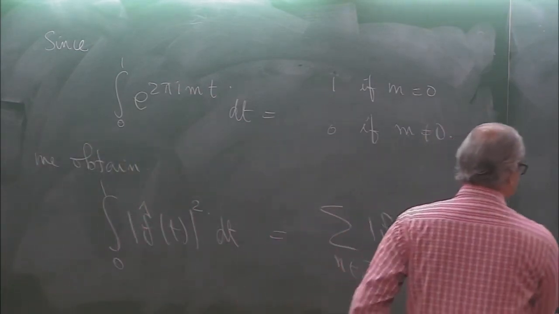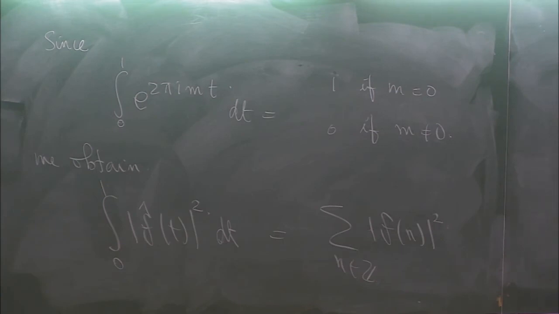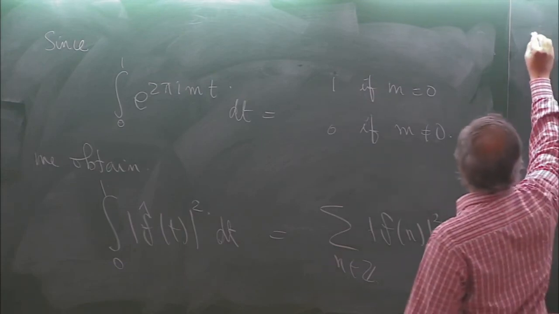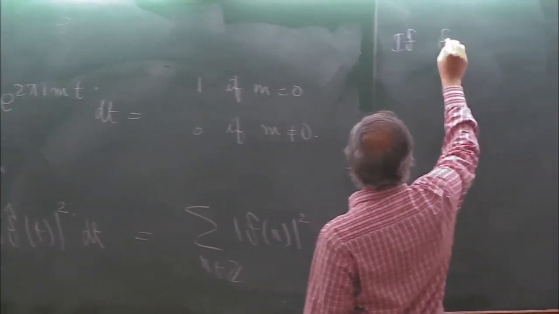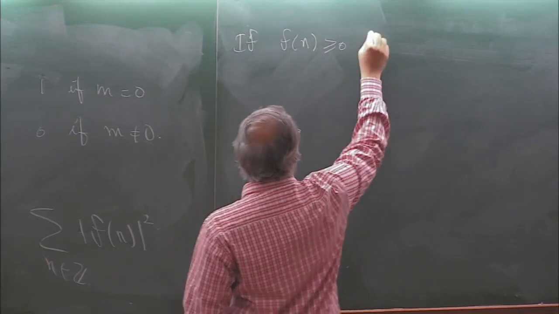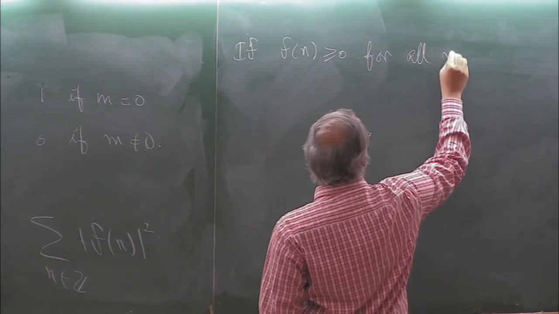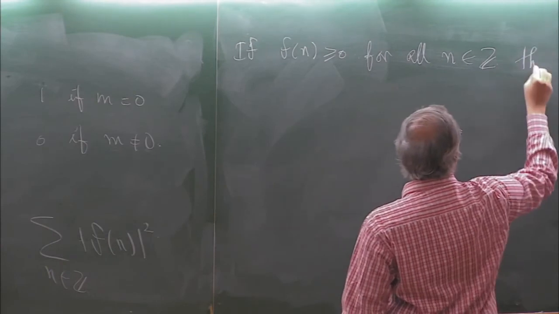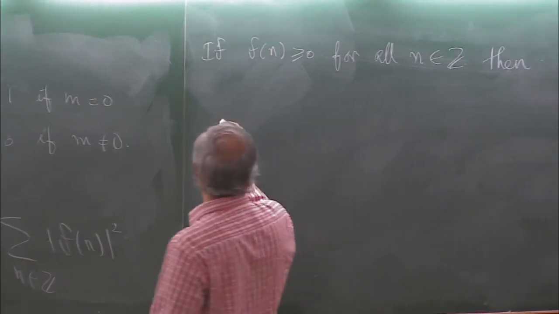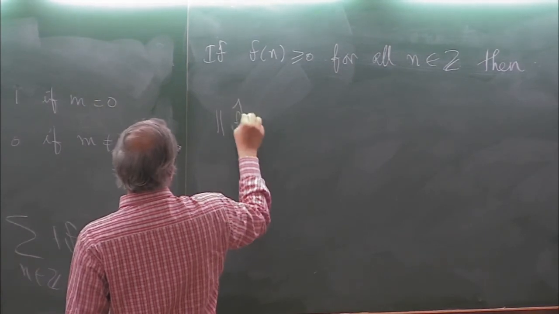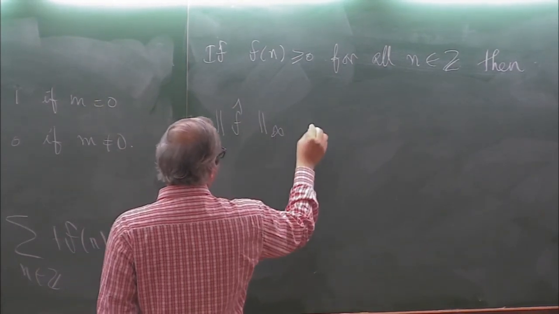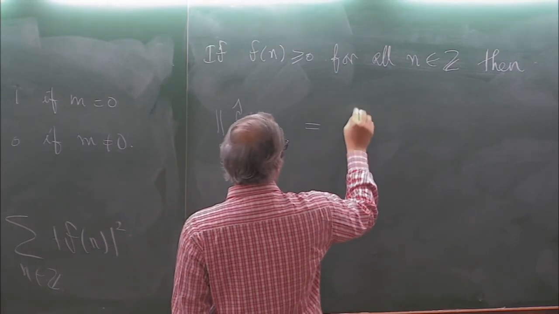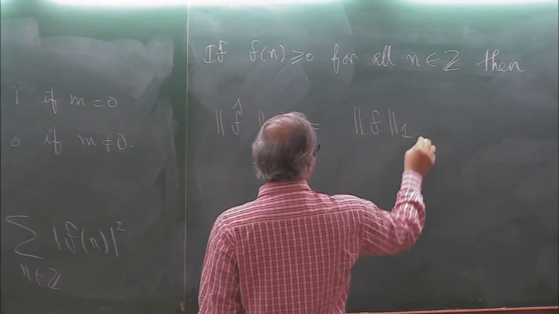Now one very simple fact that we will use repeatedly is the observation that if f is positive, if f of n is greater than or equal to 0 for all n in Z, then the L infinity norm of the Fourier transform of f is equal to the L1 norm of f.